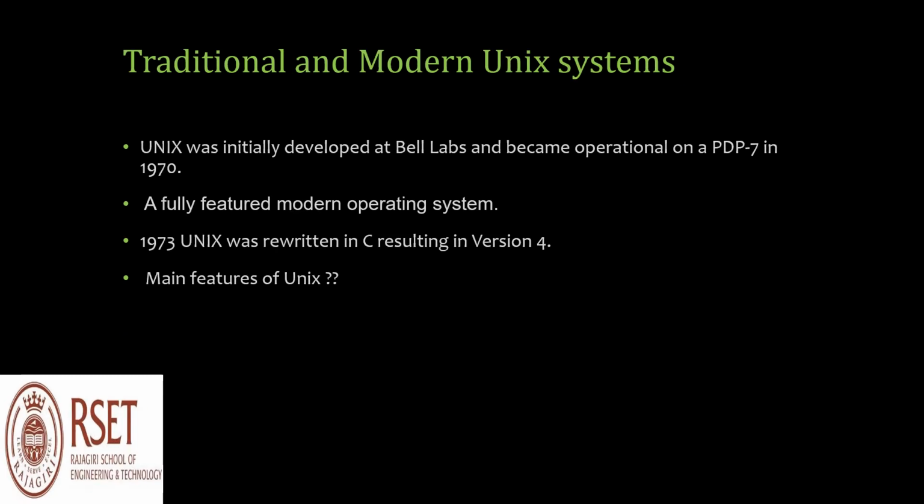Next topic is traditional and modern Unix systems. Talking about traditional Unix systems first, the history of the traditional Unix system. The first version of Unix was developed in 1969 by Ken Thompson of a research group at Bell Laboratories.